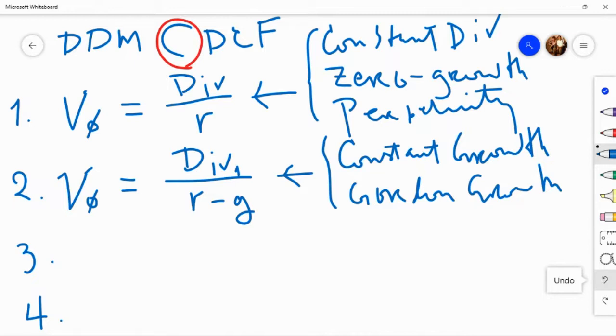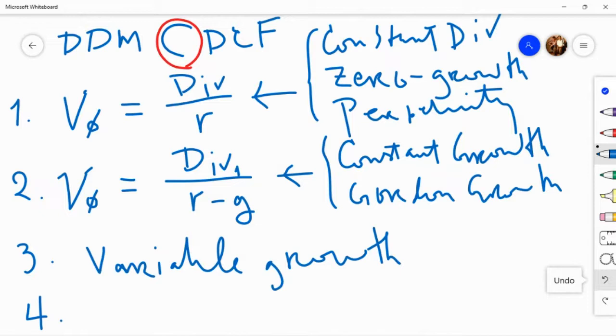We're also going to look into why and how that long polynomial turns into this final form. And the third one is the multi-stage model or variable growth model.